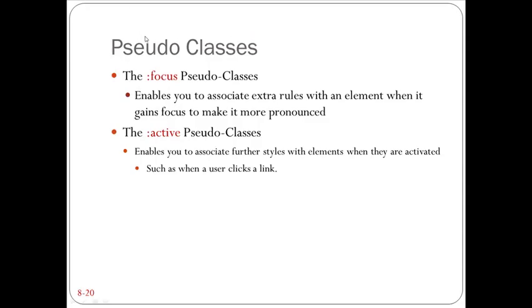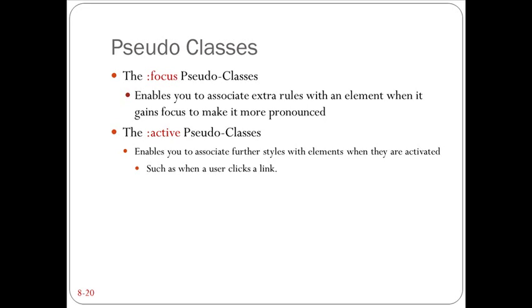Then we can add a couple pseudo classes that we haven't talked about yet. These are similar to the hover, link, visited, and active that we talked about earlier with the link element, the anchor tag. So the focus just enables you to associate some rules, some declarations that you might use when an element gains focus. Now, what can gain focus?